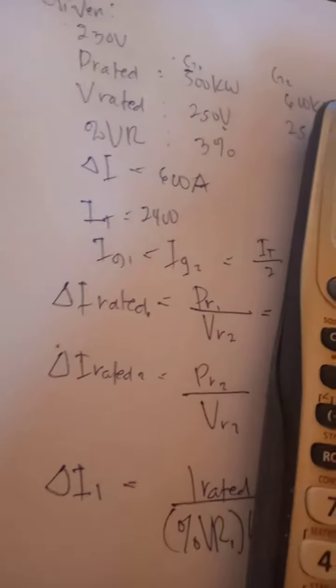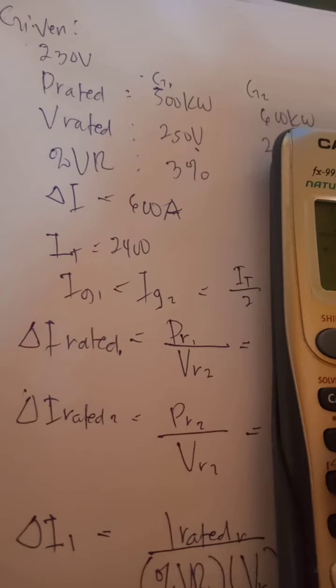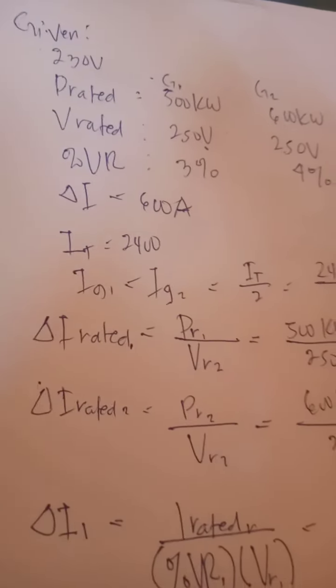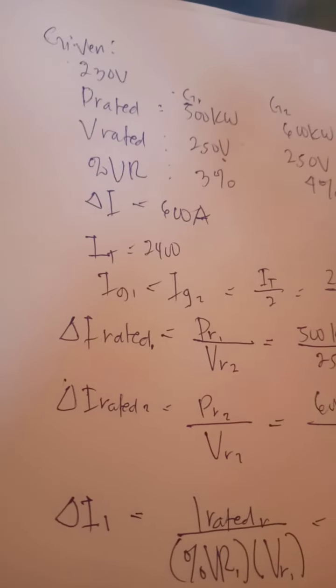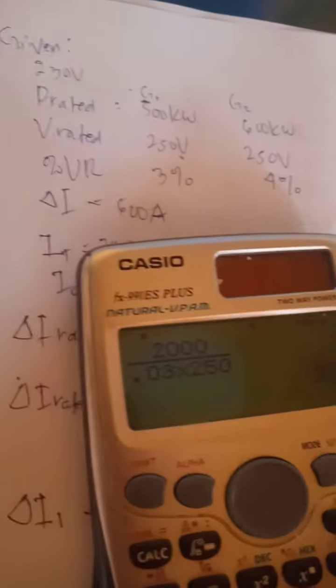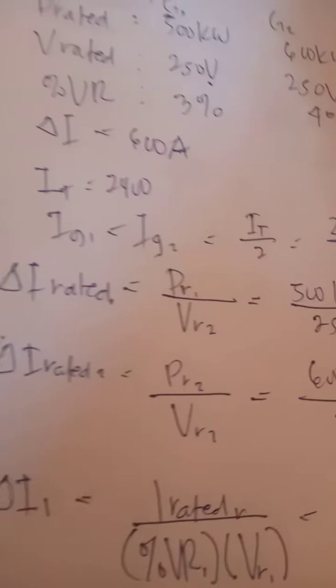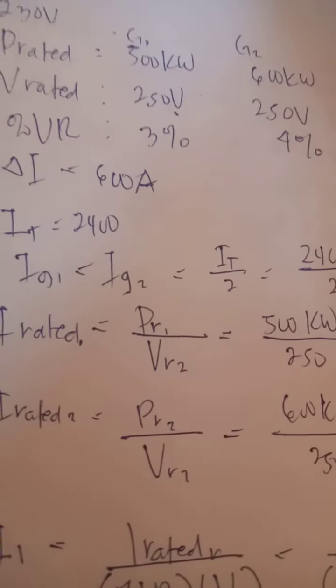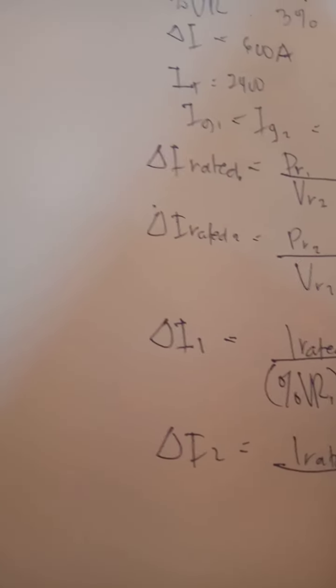That's equal to 2000 divided by 0.03, so that's 266.67. Now for the delta I2, we have I rated 2.